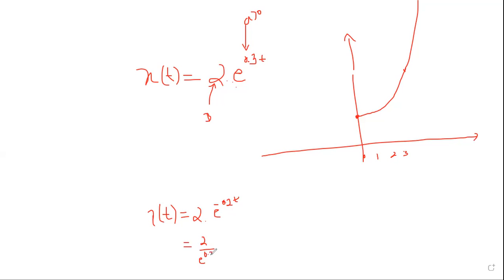This is an exponential term. So a constant divided by an exponentially growing thing is going to result in a thing which is going to decay exponentially.